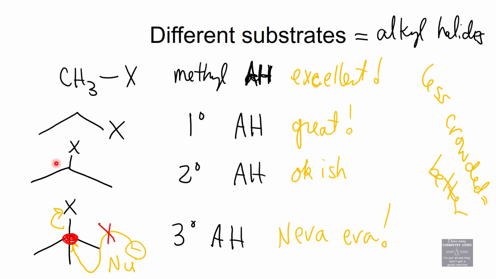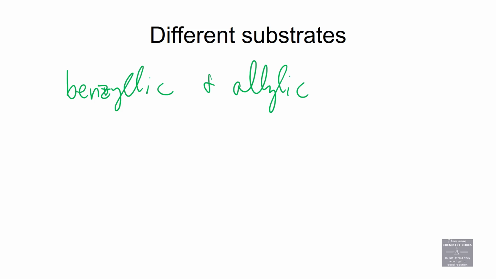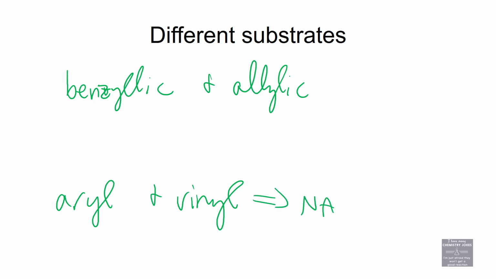Okay, hold that thought. Aren't there other kinds of substrates that could do SN2? Yeah. There's benzylic and allylic, and there's aryl and vinyl. Two of these could be really good, and two of these are really not so good. Aryl and vinyl, nah, don't do it. Those are bad substrates for SN2.